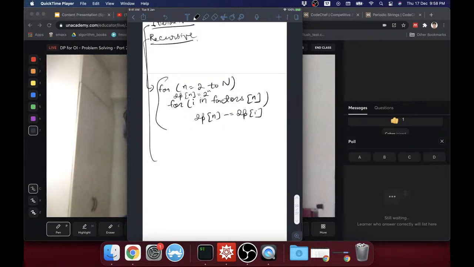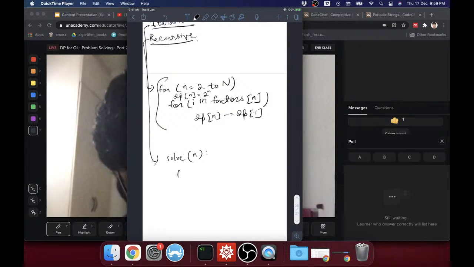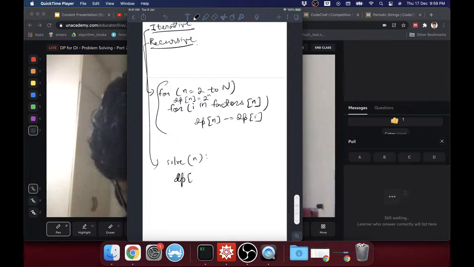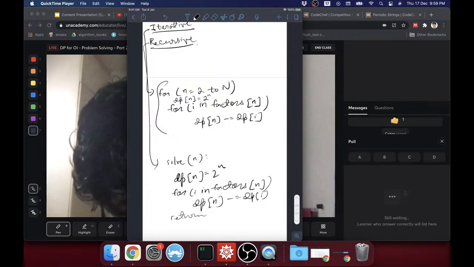What about the recursive code? Solve n. dpn equal to 2 to the n, for i in factors n, dpn minus equal dpi, return dpn.